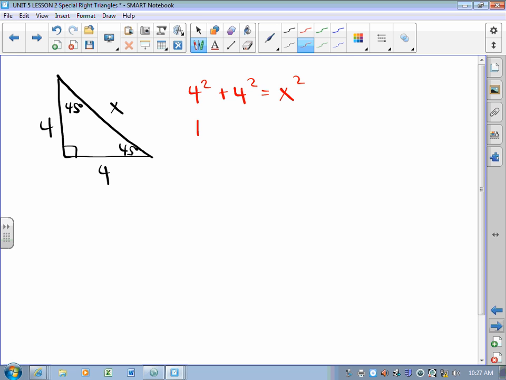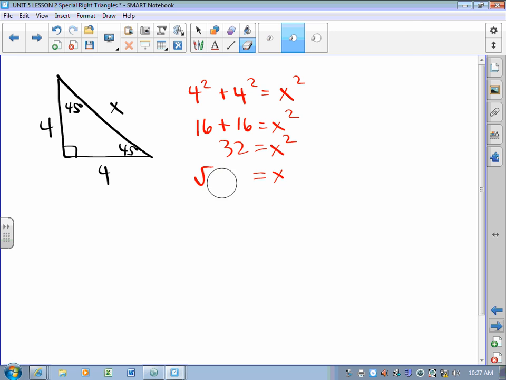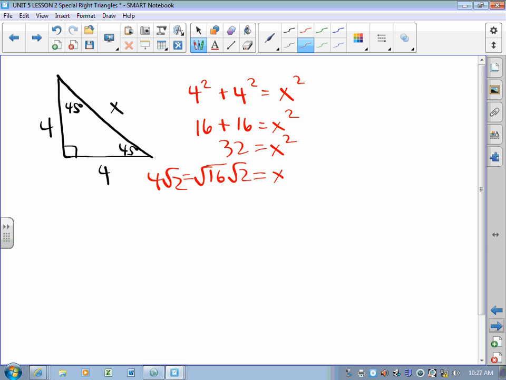And so 16 plus 16 is x squared. So x squared is 32. Well, now I've got to take the square root of 32. What's the square root of 32? It's the square root of 16 times the square root of 2. That's 4 radical 2.